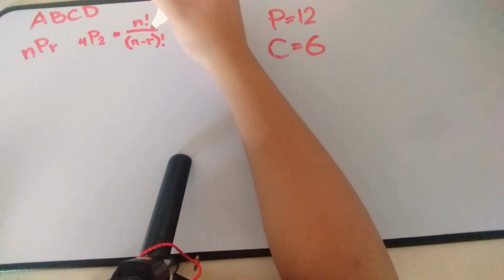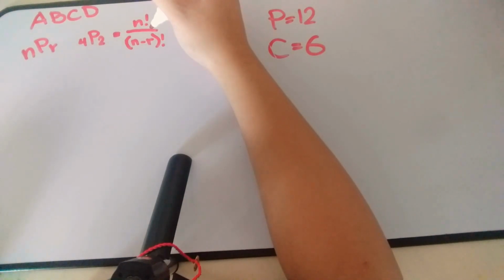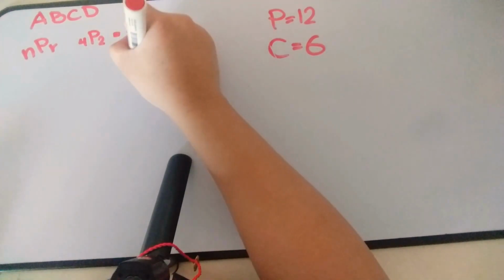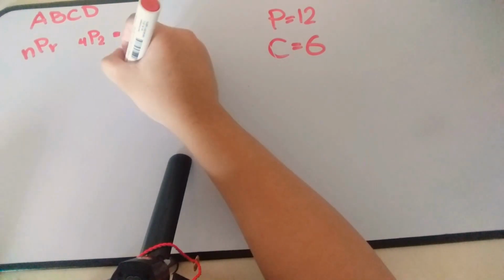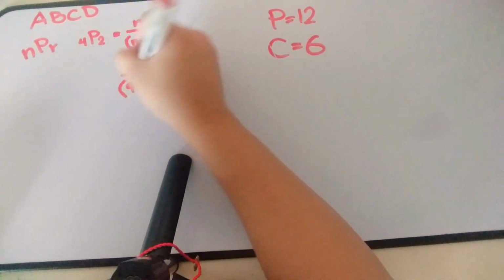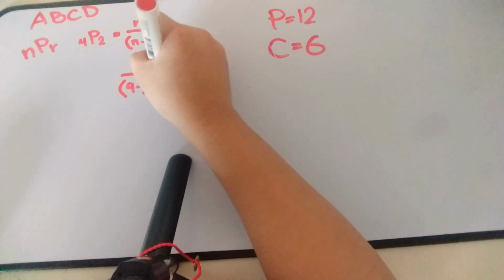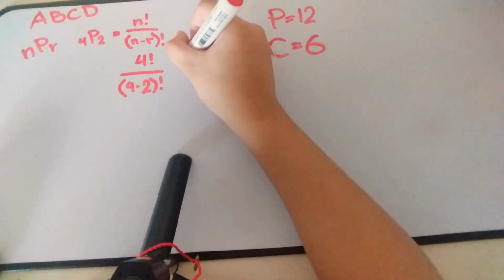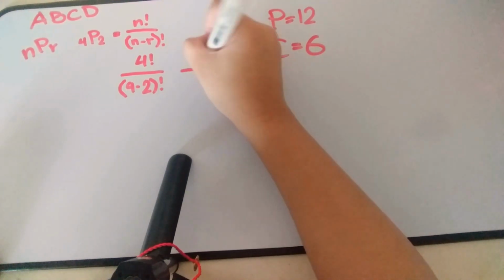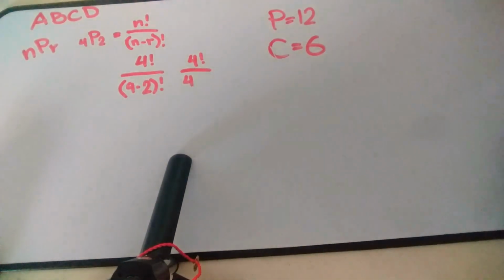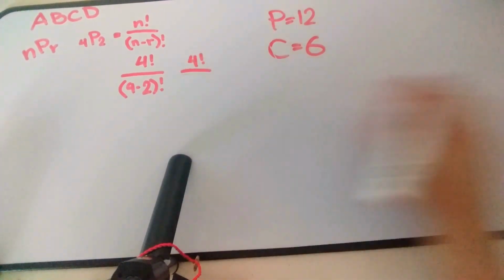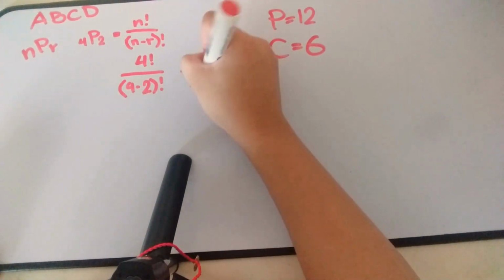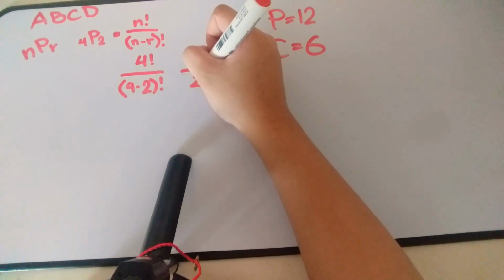In this case, you can see that n is 4 and r is 2. So n minus r is 4 minus 2, which is 2.